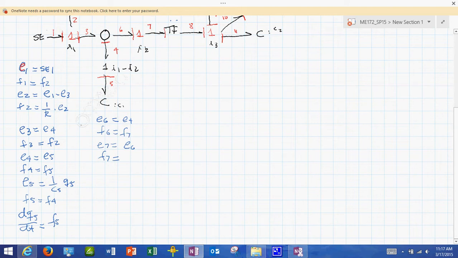We are writing the individual equations, like here.